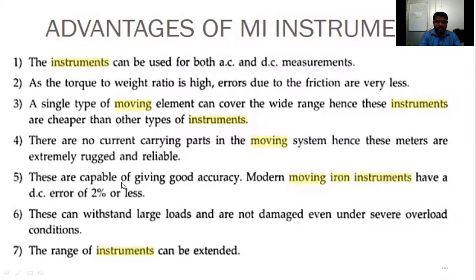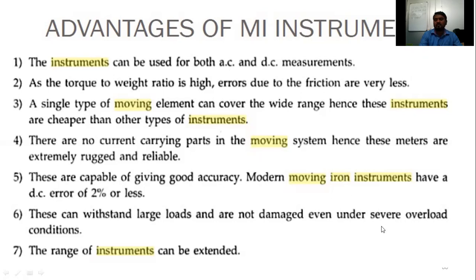These are capable of giving good accuracy. These can withstand large loads and are not damaged even under severe overload conditions. You can apply the overload also, but it will not get damaged because there are no current carrying parts.